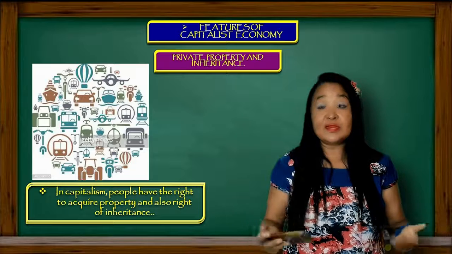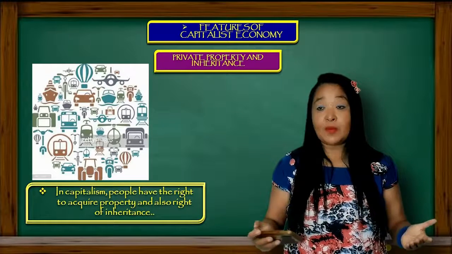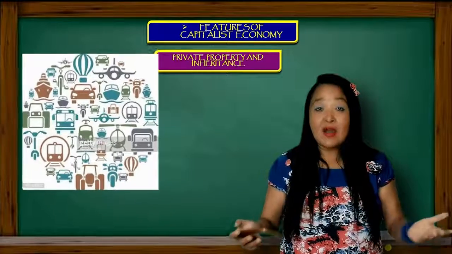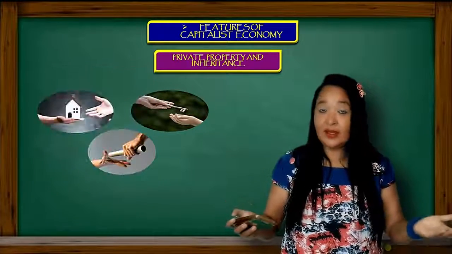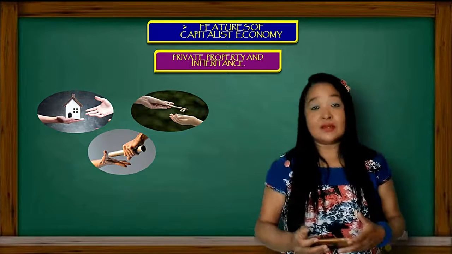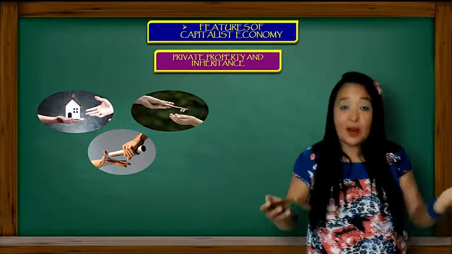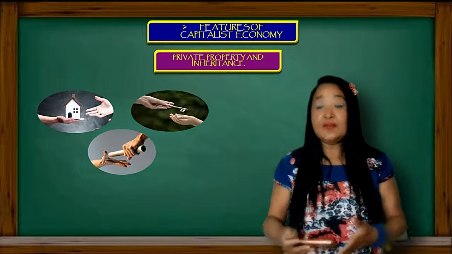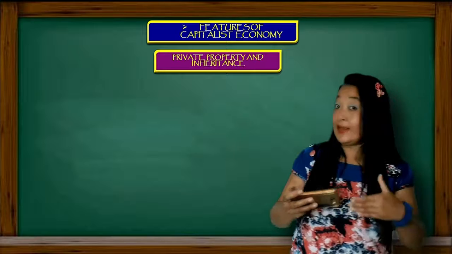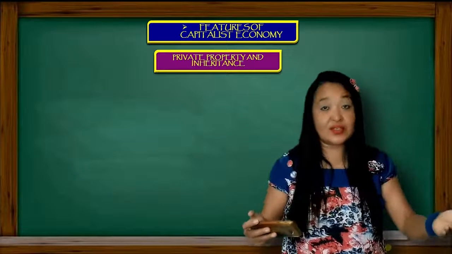What does this mean? It means that in a capitalistic economy, people are free to acquire, that is, they can buy or own properties. The right of inheritance means that a person who owns a property or land has a right to pass it on to the next generation.